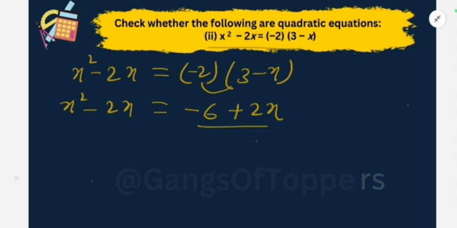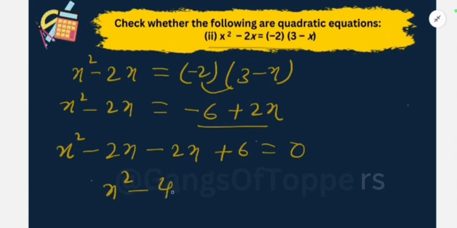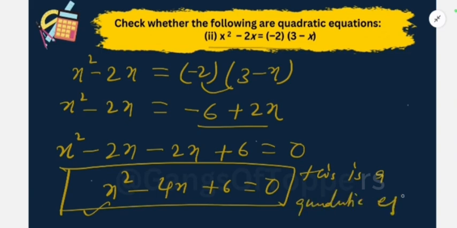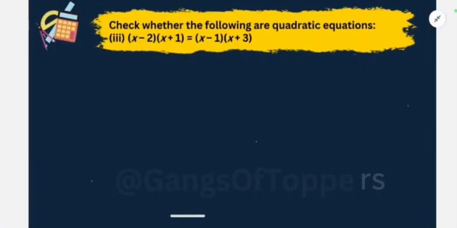Now shifting the right side to the left side, it becomes x square minus 2x minus 2x plus 6 equals to 0, and this becomes x square minus 4x plus 6 equals to 0, and so all the components are present. a is present. This is a quadratic equation. Let's take another question.